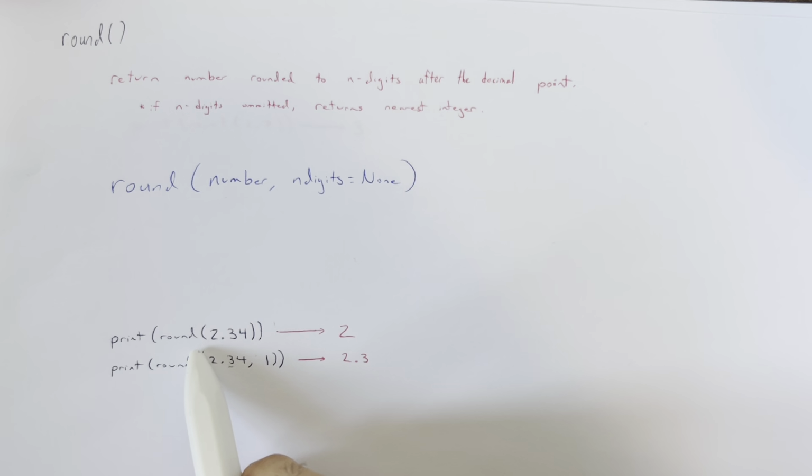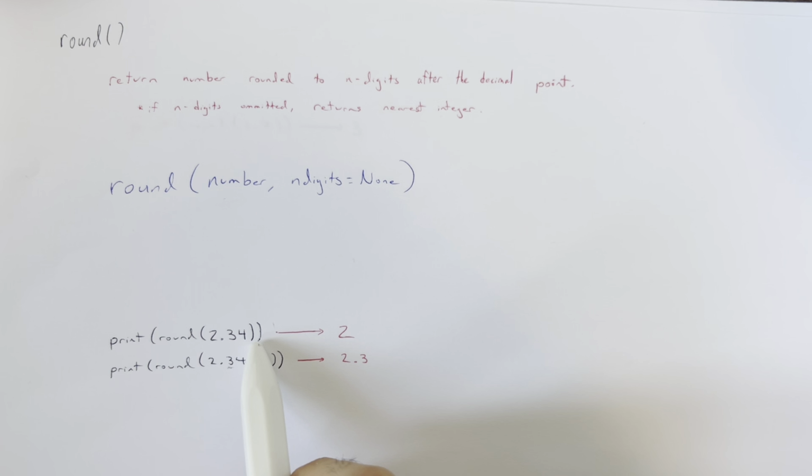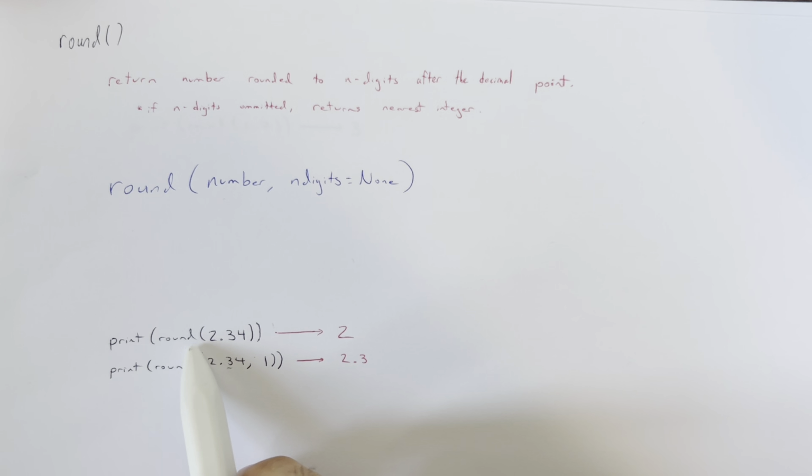Now in this example above, we have nothing for n digits. There's nothing there. It's basically just 0. So we're rounding to the nearest integer, which is no decimal digits.